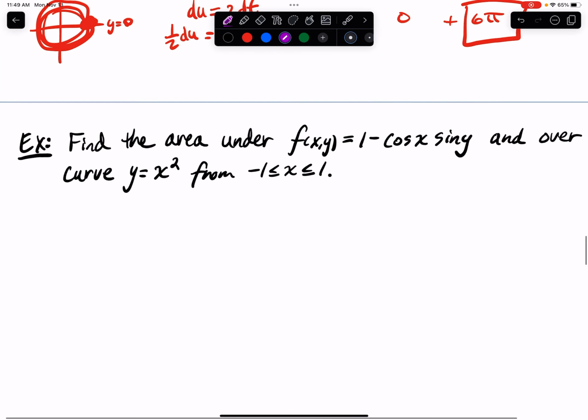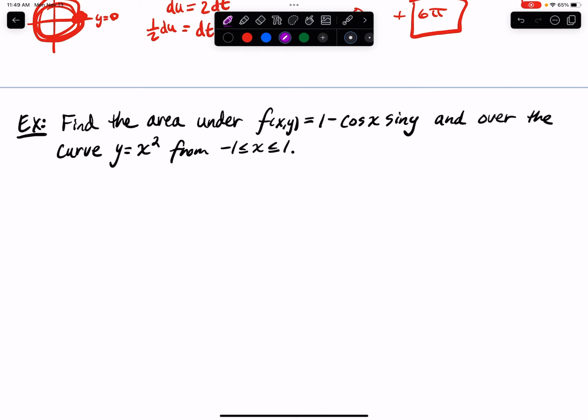Another example, find the area under f of xy, where f of xy is 1 minus cosine x sine y. And over the curve, so now we're not doing a circle, we're not doing a line, but we're doing a parabola in the xy plane, okay?